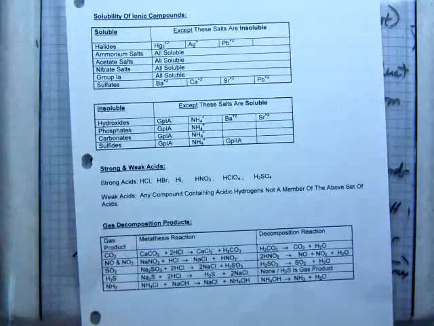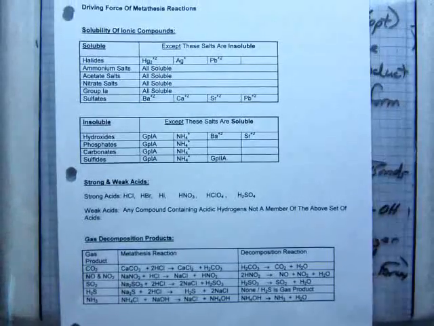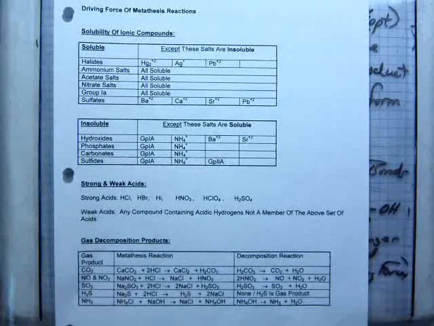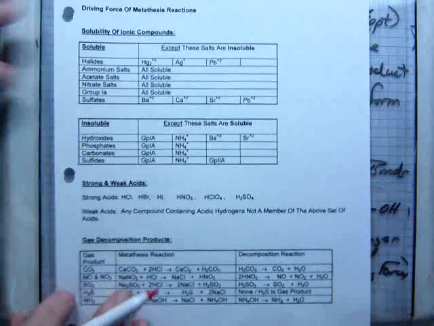Now, this little table will be attached to your exam, and you can use it to determine the driving force of a metathesis reaction. And it's divided into 3 parts. Remember I said that the driving force can take 3 forms. It can become an insoluble precipitant, or it can be a weak acid, a weak base, or a gas decomp. And that's the way I have this.